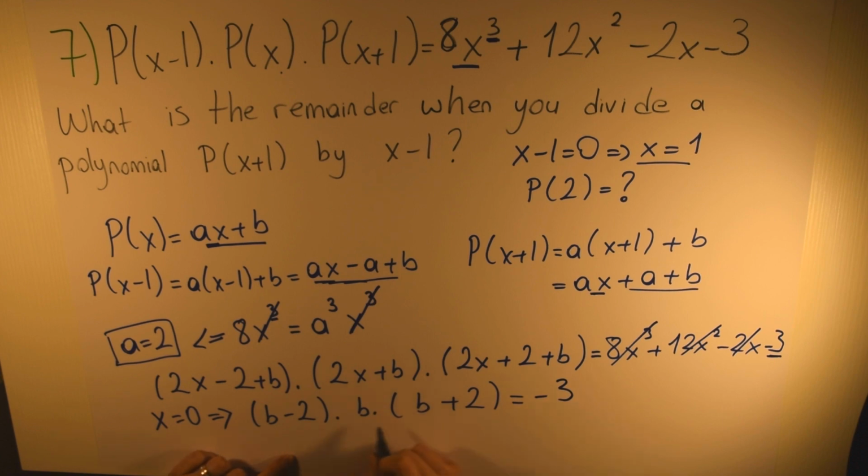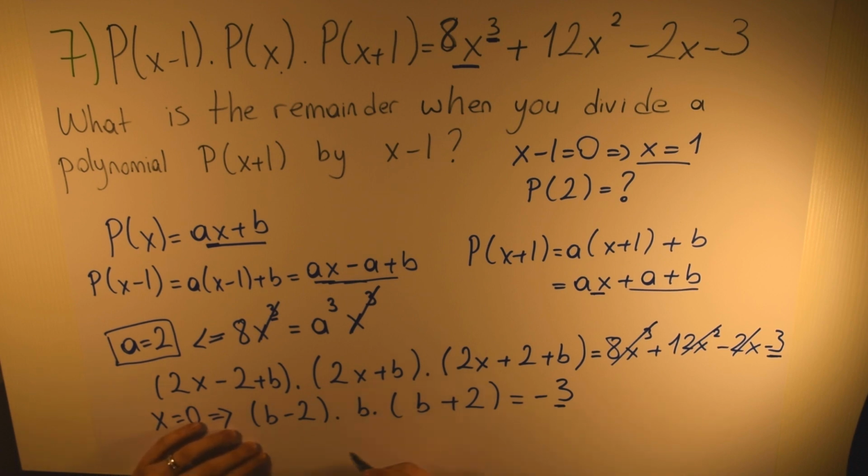So in this case, you don't have to multiply these 3 together. Why? Because the answer is minus 3, and you can just give some values for b. It's much easier. Okay, you can start with minus 1, 0, 1.